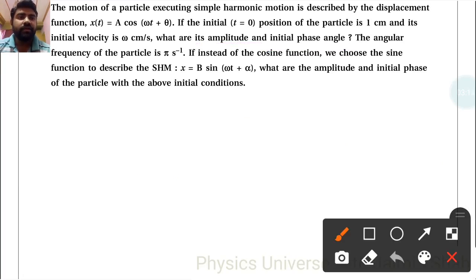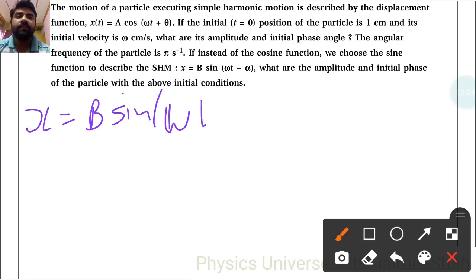Now the question is that we choose the sine function to describe SHM, right? So now our new x is equal to B sin(ωt + α), this is my new function. Now again, what are the amplitude and initial phase of the particle with the above initial conditions?